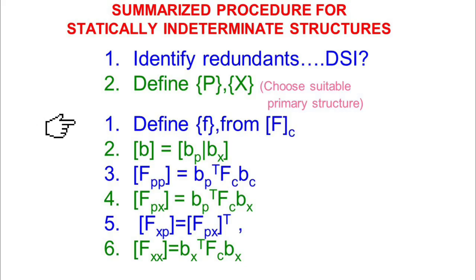The first is that we define the vector of the internal forces, and then we form FC, that is, the collective flexibility matrix. Then we form the matrix B. This matrix B will have two components, one for the prescribed forces P and the other for the unknown redundants X, so BP and BX. Once we have the B matrix, we can obtain the various components of the total structural flexibility matrix, namely FPP, FPX, FXP and FXX.